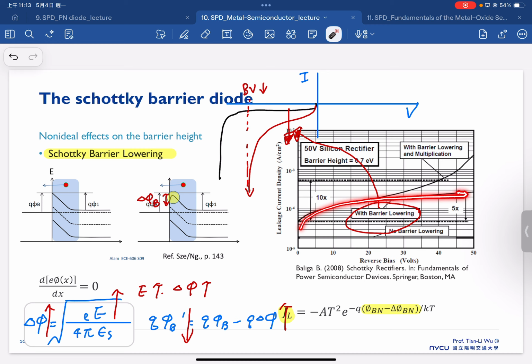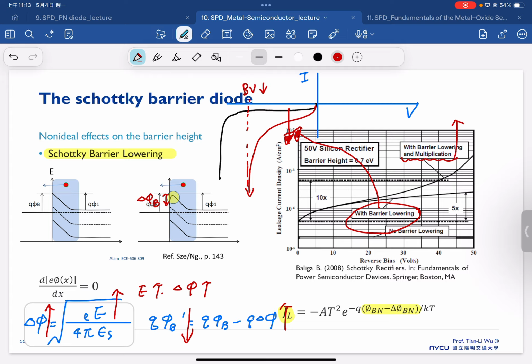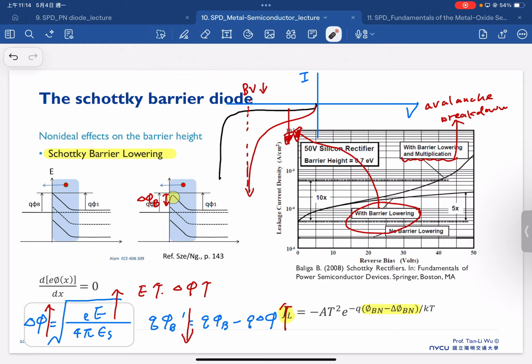But once we consider multiplication, which is the avalanche breakdown, then we will see the current increase earlier, showing a lower breakdown voltage. That's the inference of this Schottky barrier lowering effect on our reverse leakage current and also the breakdown voltage.